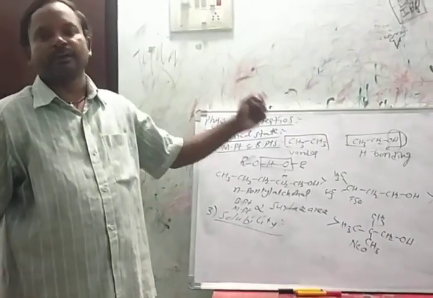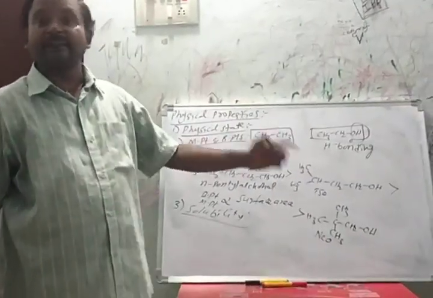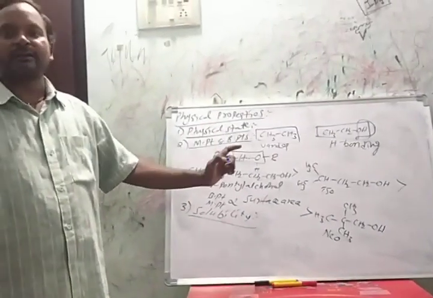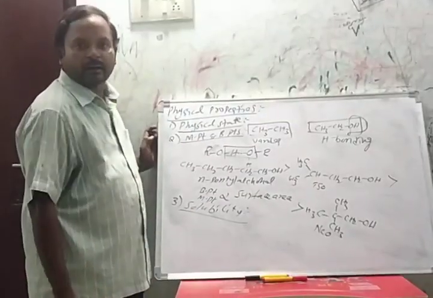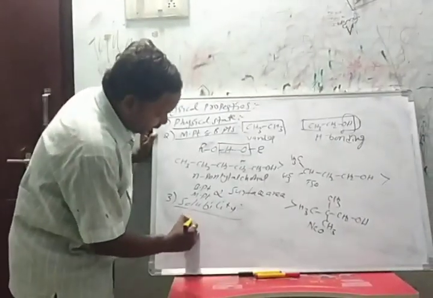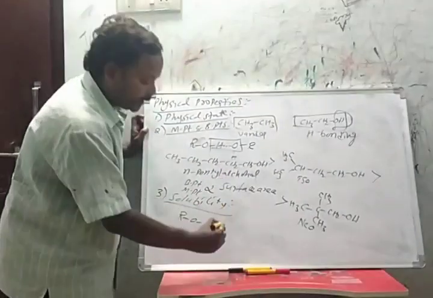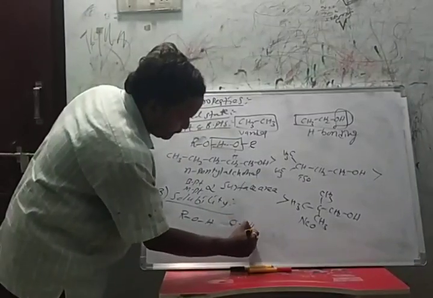Non-polar molecules can dissolve only in non-polar solvents, but alcohols are completely soluble in water due to intermolecular hydrogen bonding between water molecules and alcohol molecules. When alcohol is added into water, what happens?